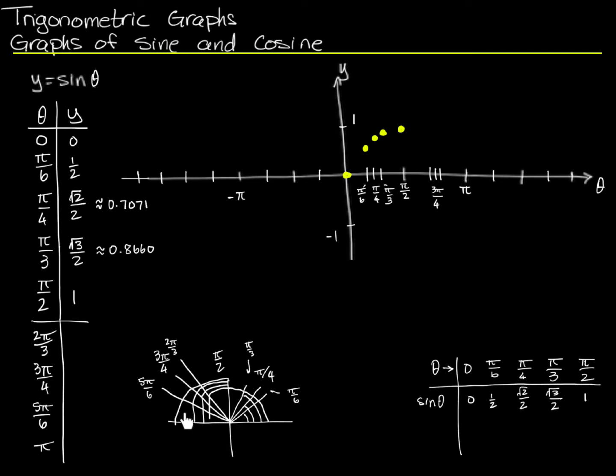Its reference angle is equivalent to 60 degrees, so it's pi over 3. This angle right here is a 60-degree angle, or a pi over 3 angle. So what is its sine? Its sine is the same as pi over 3, which we know to be the square root of 3 over 2, or 0.866.